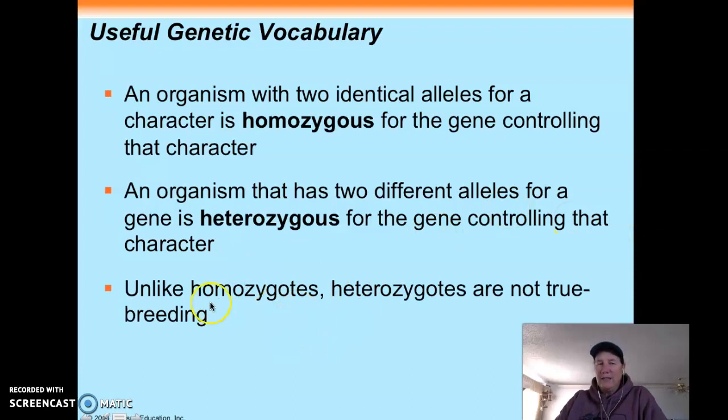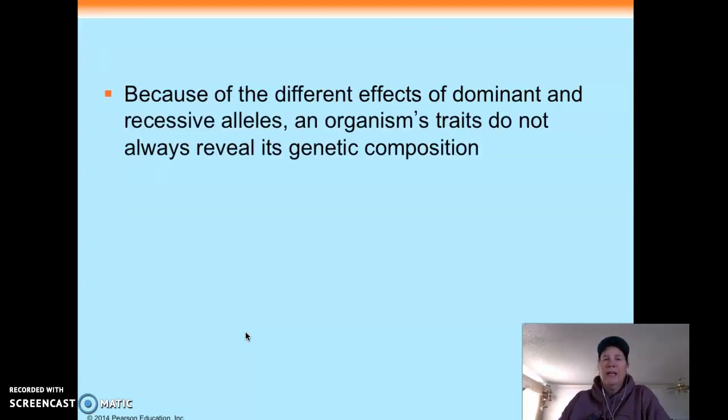Unlike homozygotes, heterozygous organisms are not true breeding. They call them hybrids. Because of the different effects of dominant and recessive alleles, you might not know that you have a certain characteristic.